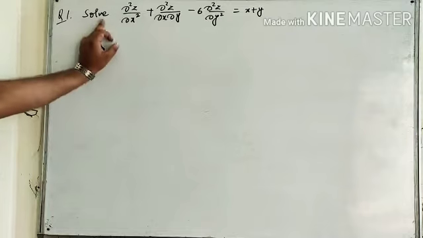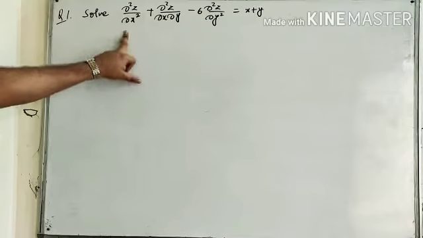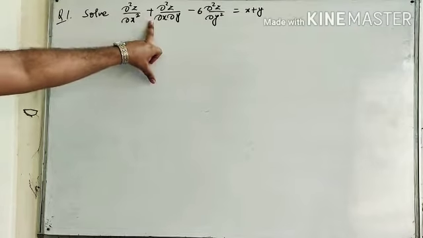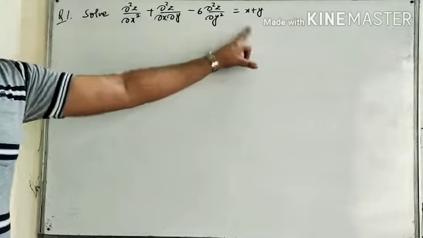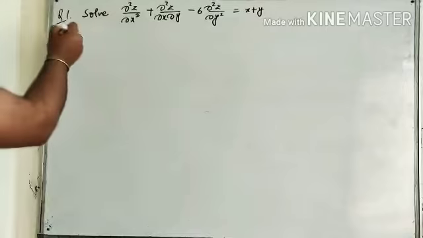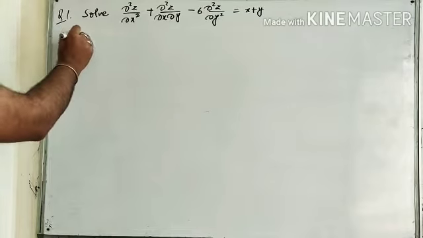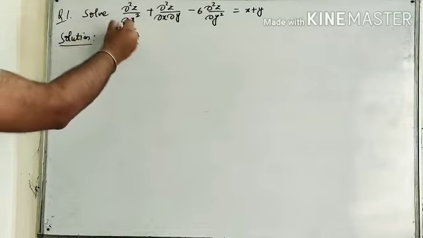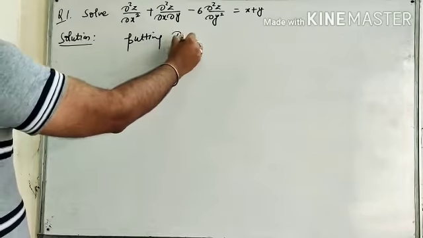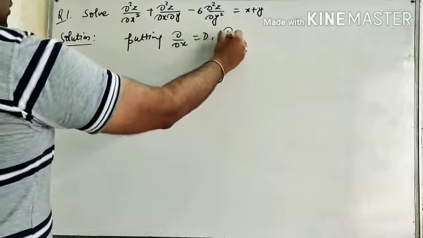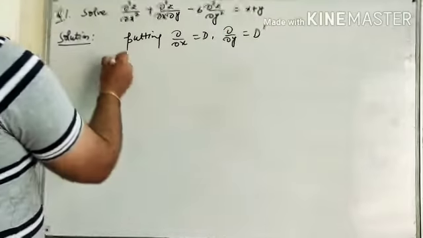Now this is the first question. Solve del 2 z over del x square plus del 2 z over del x del y minus 6 del 2 z over del y square equals x plus y. For the solution of this type of problem, we start by putting del over del x equals capital D, del over del y equals capital D dash.